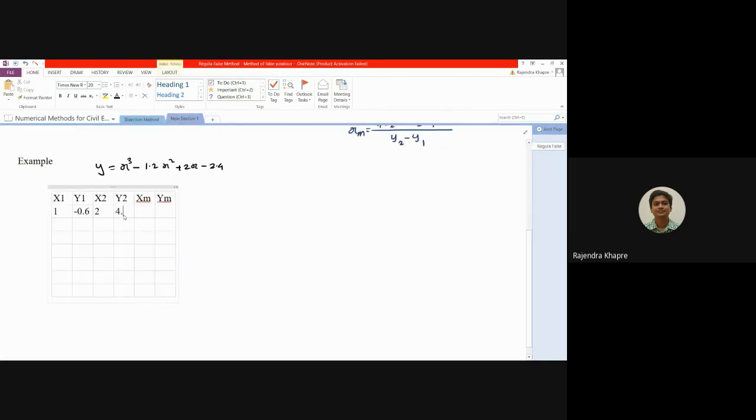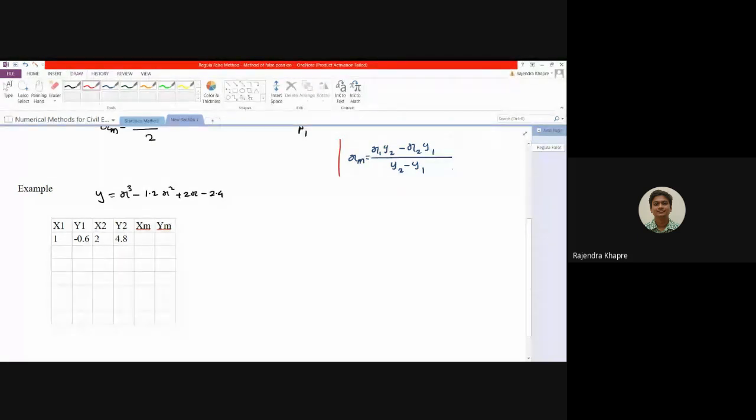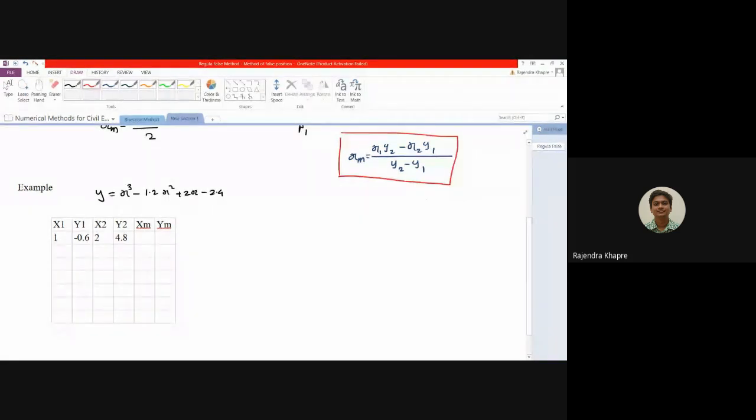Now all we have to do is use this expression over here. This is the expression for xm. We have to use the same expression to calculate the value of xm. Can anybody tell me what will be the value of xm with the help of the values which we have chosen? Somebody please do the calculations.